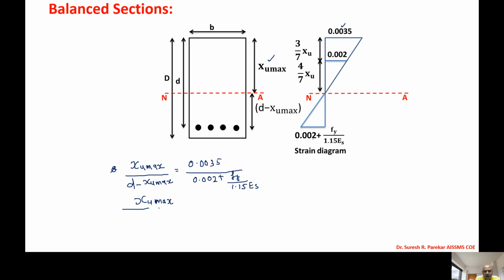Now we have componendo. We add the numerator into the denominator, and from this Xu max plus d minus Xu max becomes 0.0035 divided by 0.002 plus 0.0035 plus fy upon 1.15, that is 0.87, upon Es.